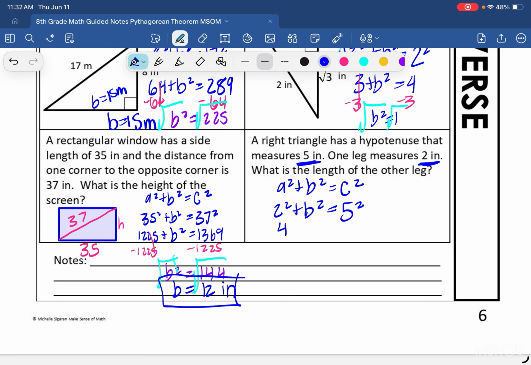Simplifying, I have 4 plus b squared equals 25. I'm going to subtract 4 from each side, and that gives me b squared equals 21. I'm going to take the square root of each side, and I get b, or the length of the other leg, is the square root of 21, which is about 4.6 inches.